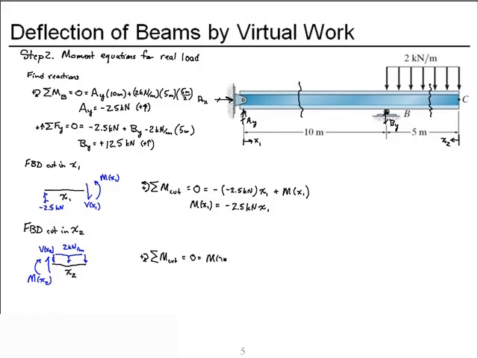So I have my contribution from the unknown moment at x2 plus the effect of the 2 kilonewton per meter distributed load over a distance x2, which gives me the total force at a location x2 over 2. So my moment as a function of position x2 is minus 1 kilonewton per meter times x2 squared.